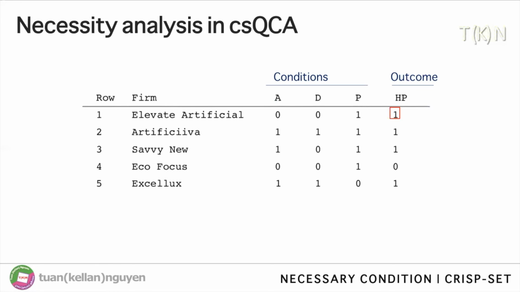Condition A fails this test when the outcome is present, but the condition is absent, in case number 1. This is enough by itself to show that the condition A, investing in AI, is not a necessary condition for high performance firms, regardless of what happens in other cases. Now we can arrive at the same conclusion for the other conditions, D and P.